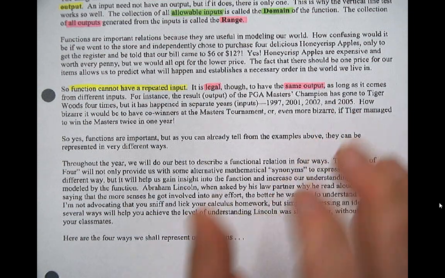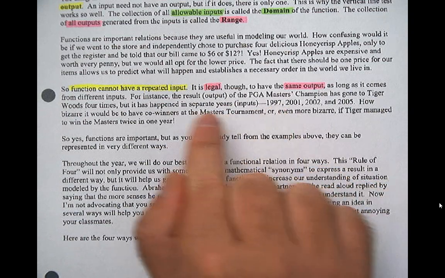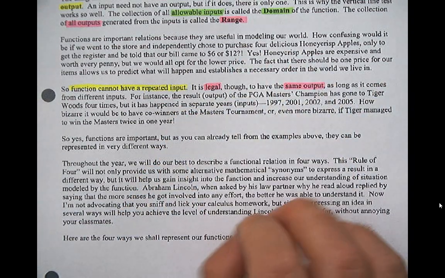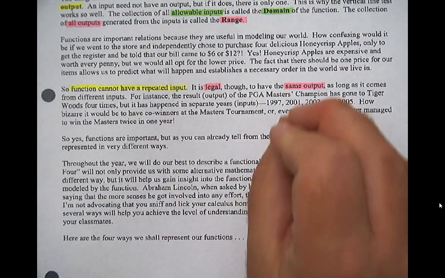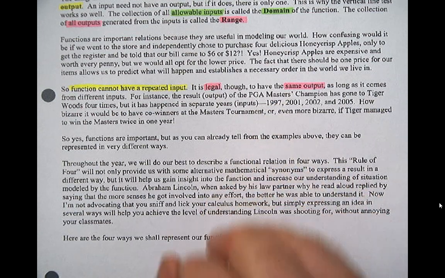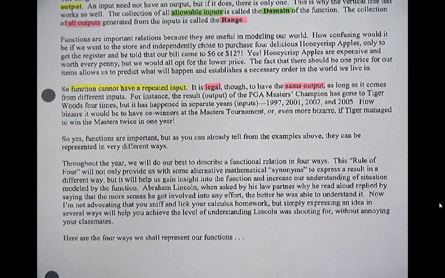What you can't have is 1997 co-winners of the Masters. In 1997, it was just Tiger. It couldn't be Tiger Woods and Phil Mickelson both won in 1997. So different inputs can have the same output, but one input cannot have 2 different outputs.